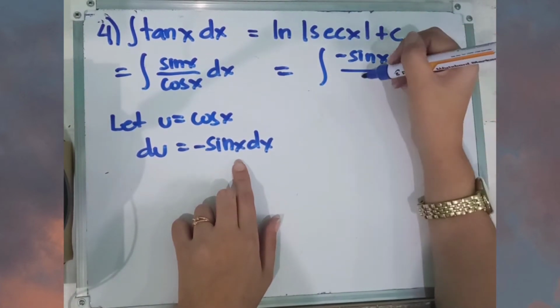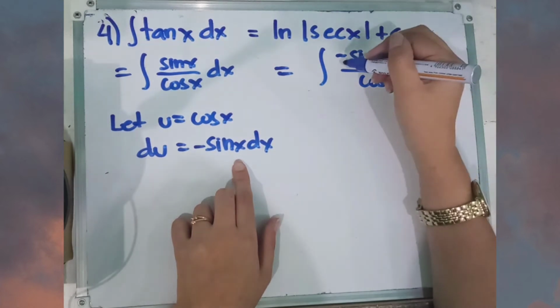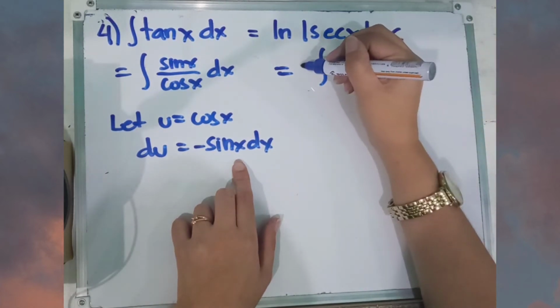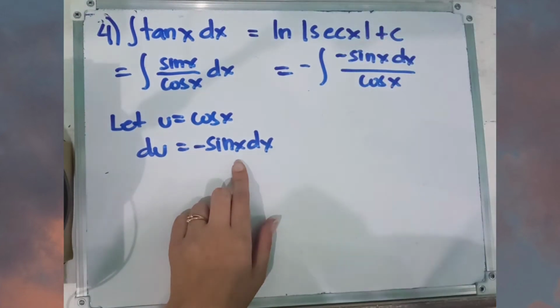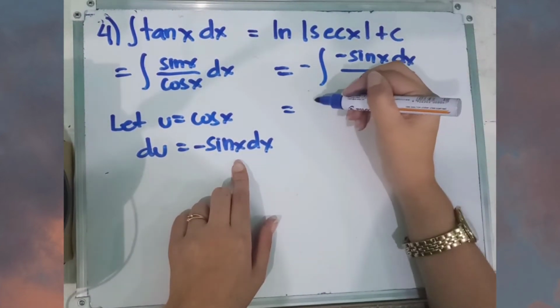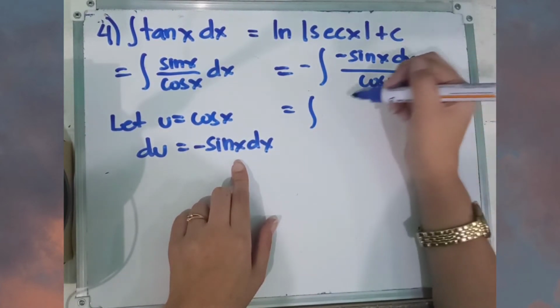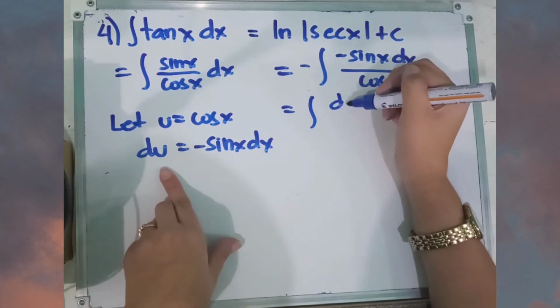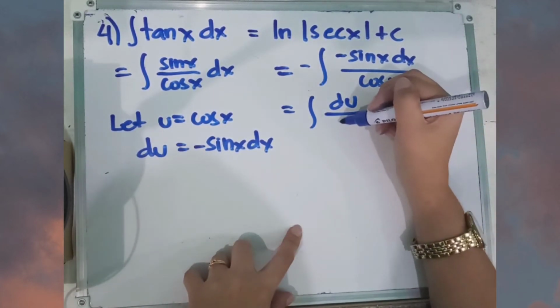over cosine x. Now since we put the negative sign here, we need to put another negative sign here to offset the negative symbol. So that's the integral of negative sine x dx, which is du, over cosine x, that's our u.